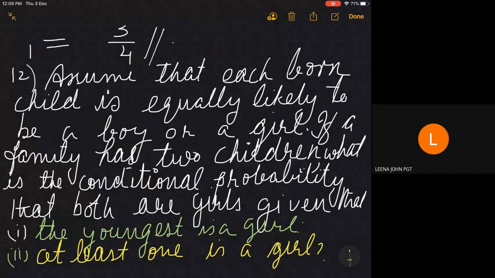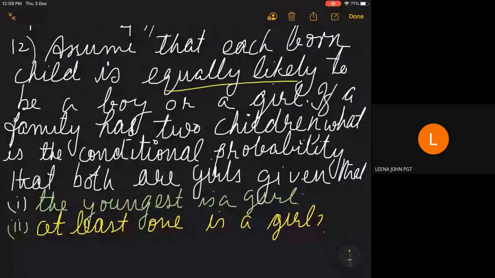So read the question. Assume that each born child is equally likely to be a boy and a girl. This equally likely means we consider the outcomes to be of equal chance to come up, meaning the classical definition of probability is to be taken. Now the experiment is that each born child is equally likely to be a boy or a girl.